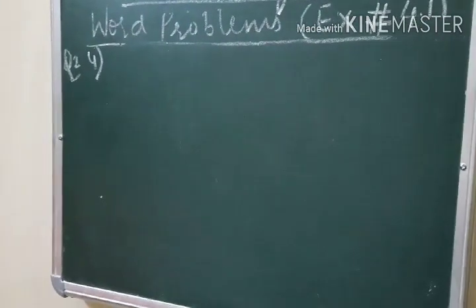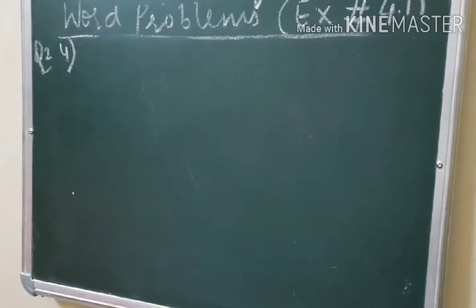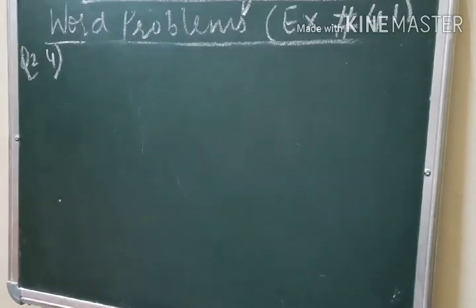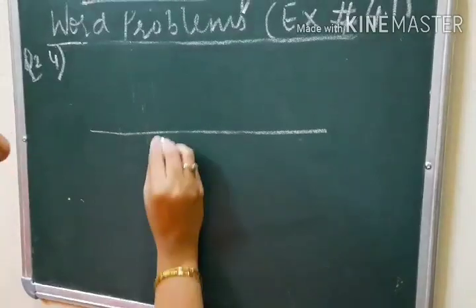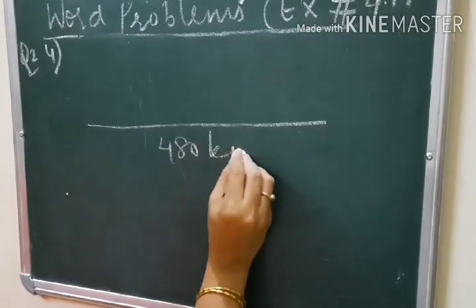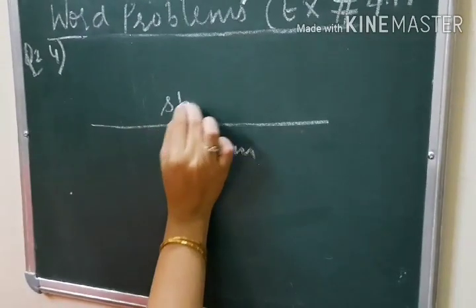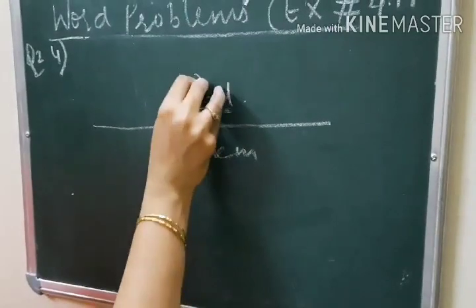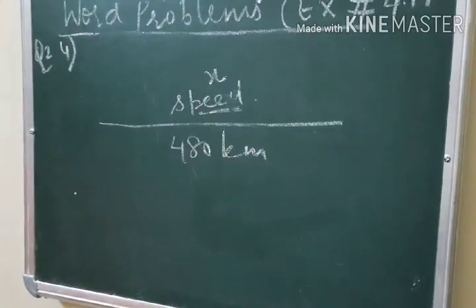A train travels a distance of 480 kilometers at a uniform speed. Now the train is traveling 480 kilometers at a uniform speed. Speed remains the same everywhere, so if it is x, it is x everywhere.